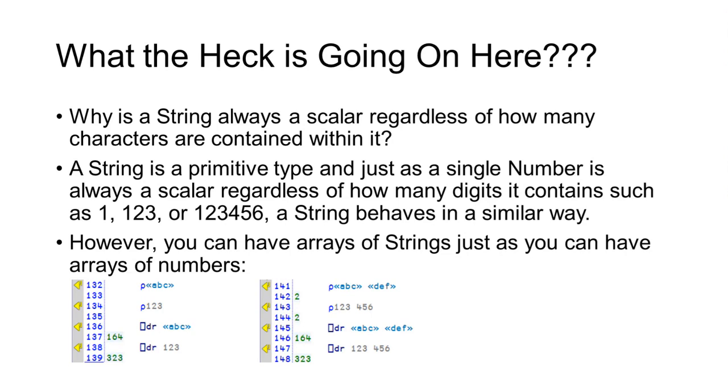Just as you wouldn't want 1, 2, 3, 4, 5, 6 to be a 6-element numeric vector, since it's a single number and you treat it as such, you think of strings in a similar way. There are ways to convert them, N string and D string, as we call them, from a regular character array to a string, or from a string to a character array. And when they're in the array form, you can treat them exactly like normal arrays.